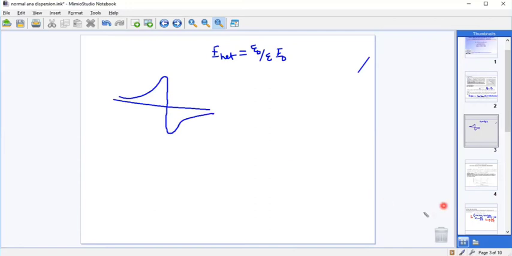So this is the typical region. On this axis is frequency, and this is refractive index minus 1.